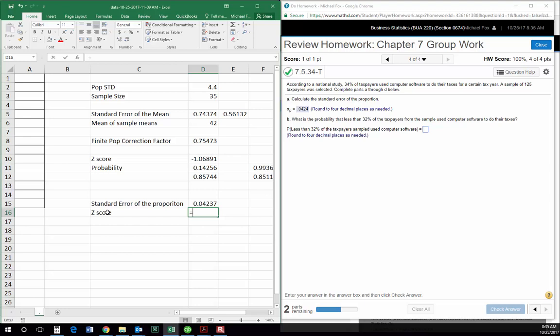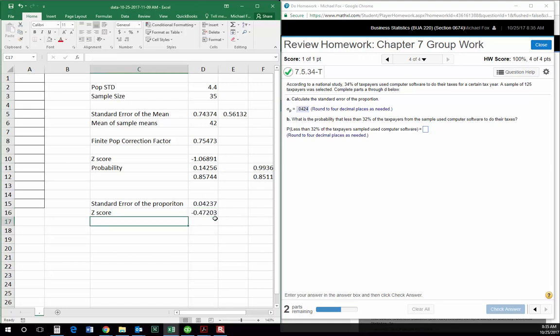So this is going to equal the sample proportion, which is the number they gave us, 0.32, minus the population proportion, which is 0.34, divided by the standard error of the proportion, which we just calculated.